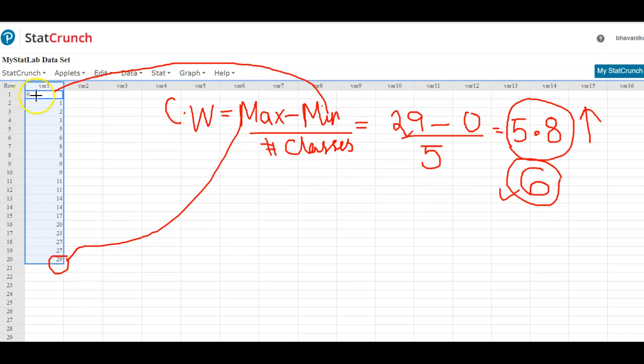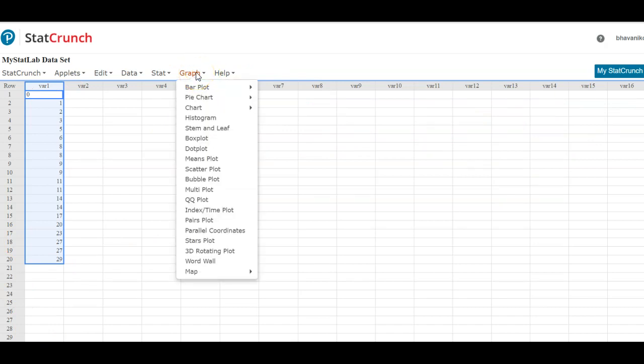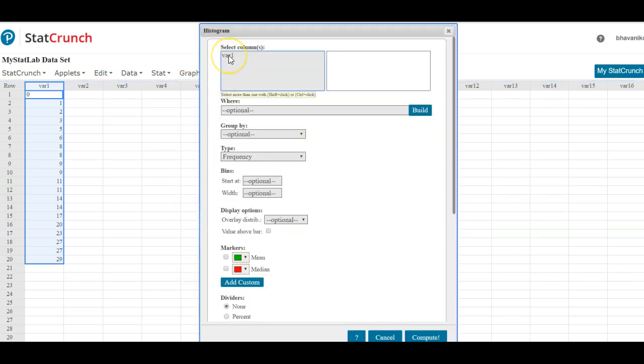Once I know my minimum value and my class width, I will go ahead and use a histogram to construct my frequency distribution. So where do I go? Remember, I calculated my class width first. So histogram. A couple of steps you have to remember. Step 1, click on variable.